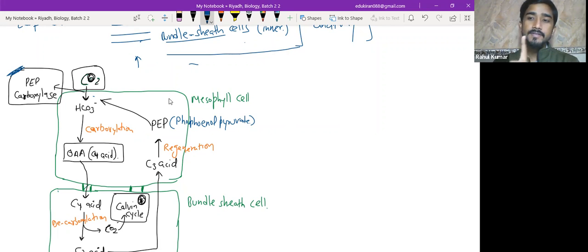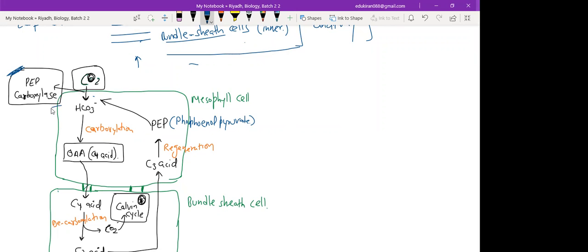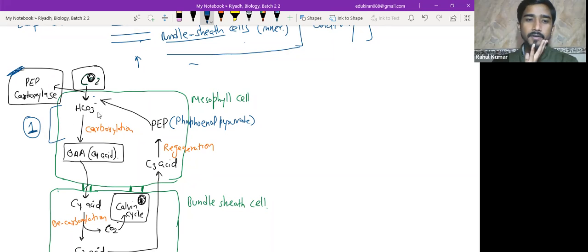This is the first stage. Is it clear, everyone? So I'm writing down, this is step number 1. What happens in this step, I have dictated to you. PEP comes in the presence of PEP carboxylase, carboxylation of PEP happens, PEP receives CO2 and becomes oxaloacetic acid. First.